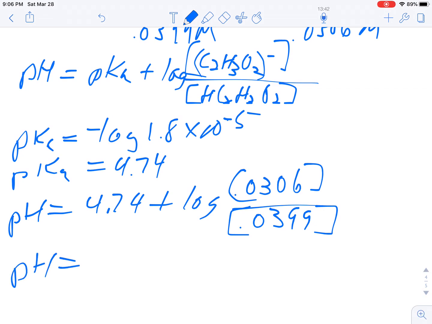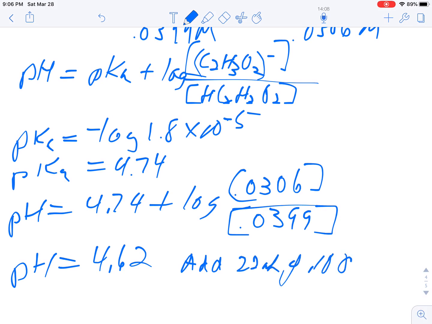All right, now let's plug it in. All right, so when we add 22 milliliters of a 0.1 molar concentration of a base, that's going to be our pH.